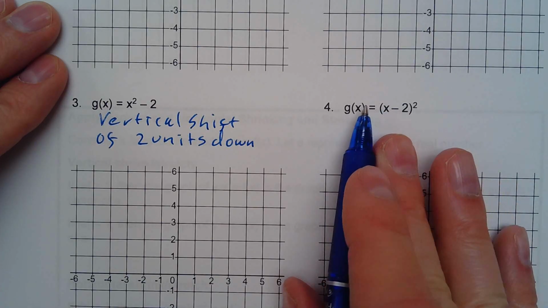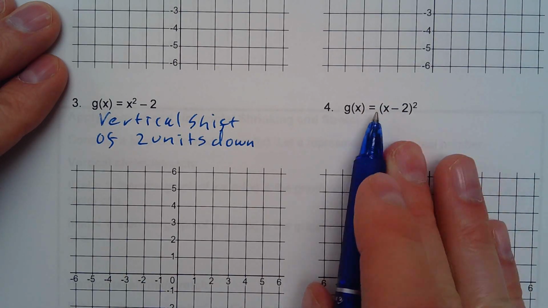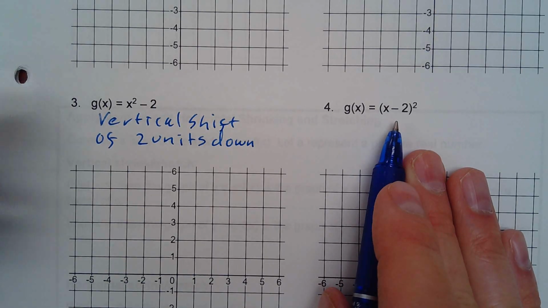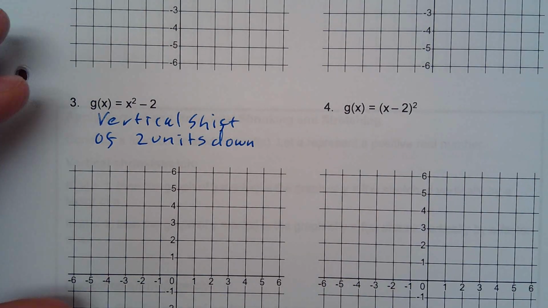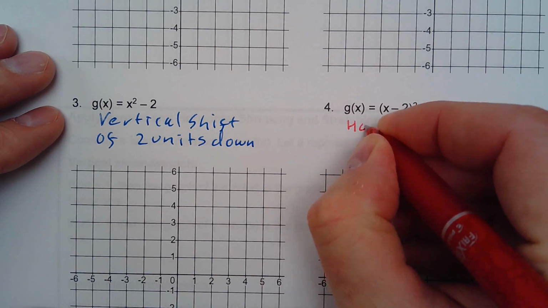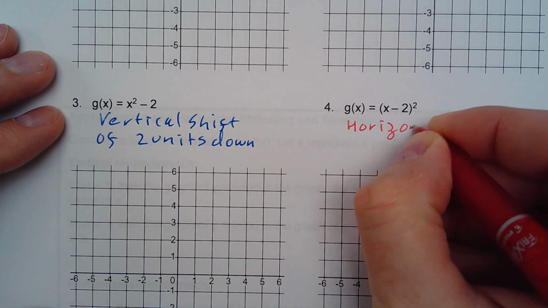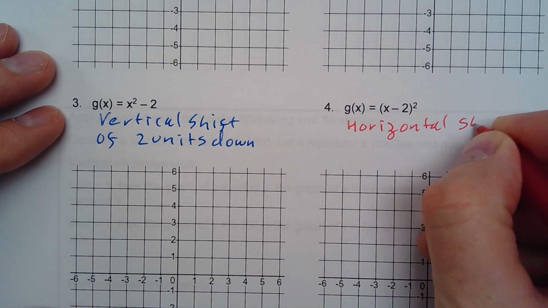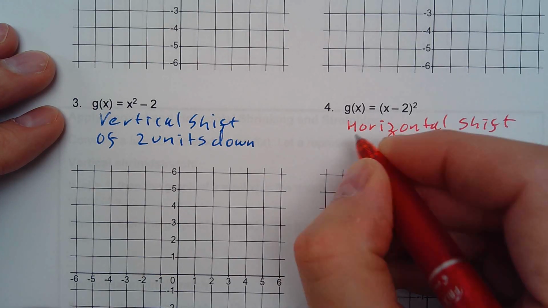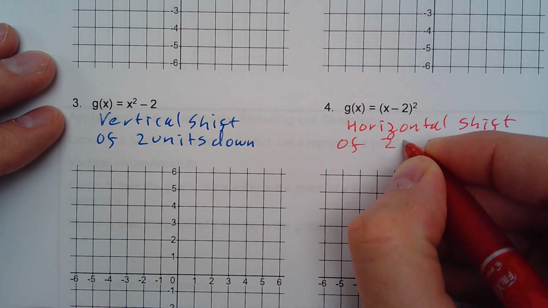Now notice this is inside next to the x, so this is going to be a horizontal shift, again in the opposite direction. So this is going to be a horizontal shift of 2 units right.